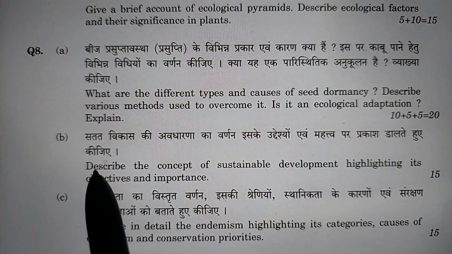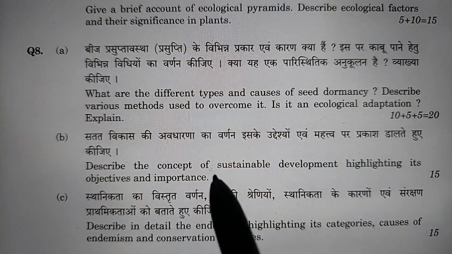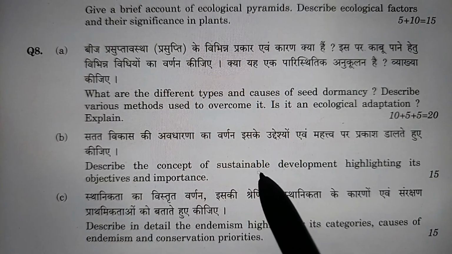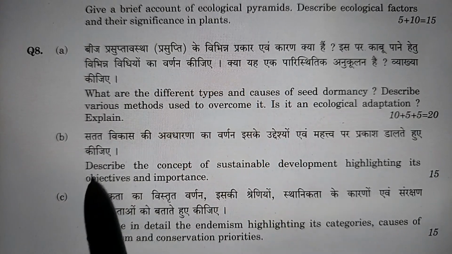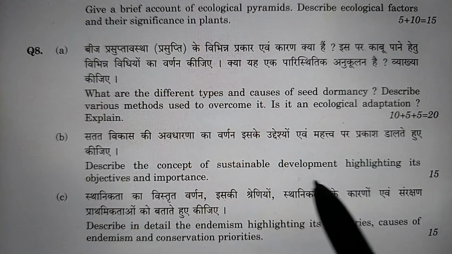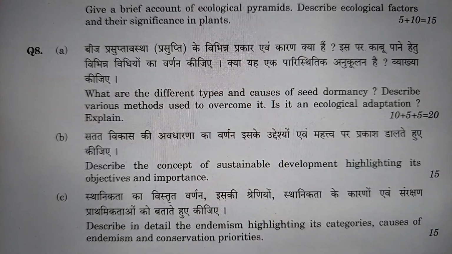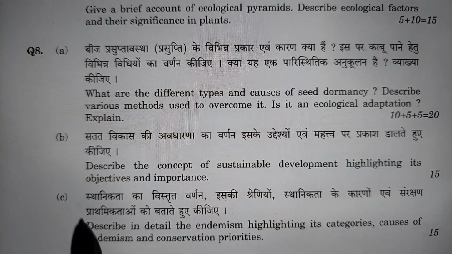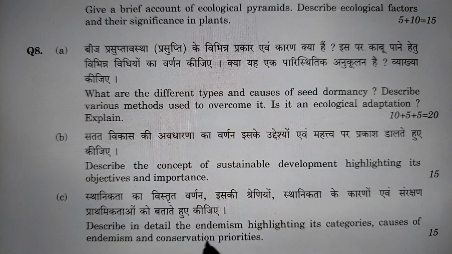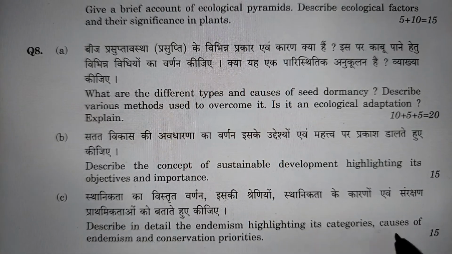Option B is describe the concept of sustainable development, highlighting its objective and importance, total 15 marks. The question number 8, option C is describe in detail the endemism, highlighting its categories, cause of endemism and conservation priorities.